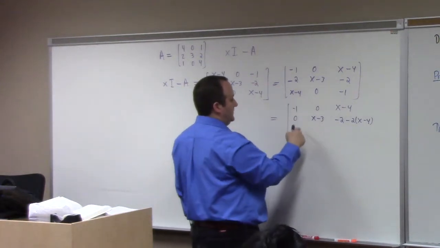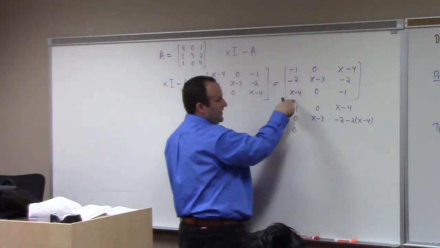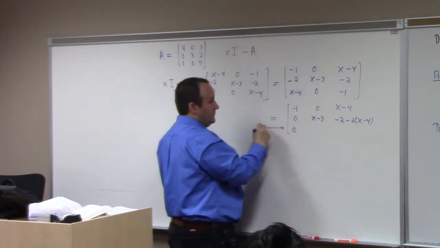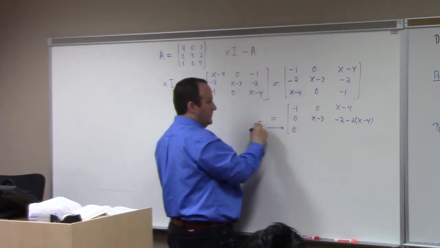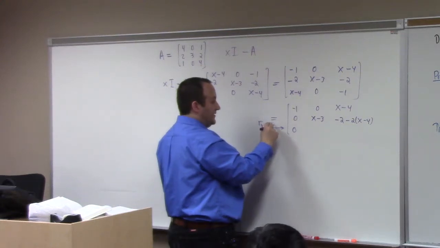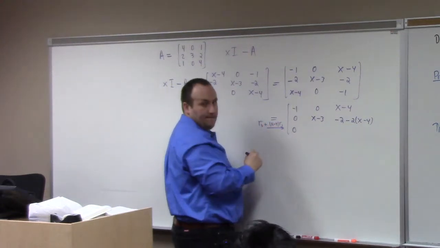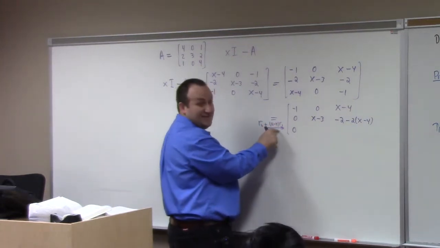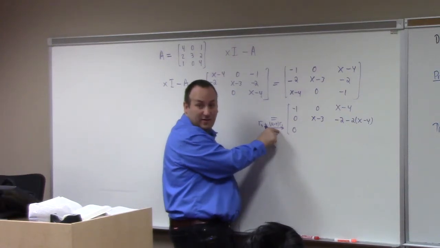And so to get rid of that, this has to be row 3 plus x minus 4 times row 1, right? But that's the new thing. We can do polynomial times row, like that.